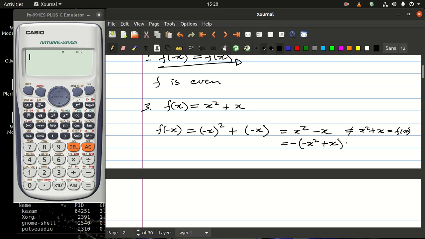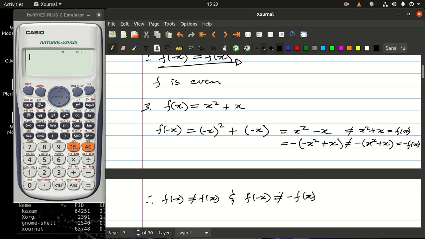And can you see that this is not the same as minus x squared plus x, which is equal to minus f of x? So this is not equal to that, because there is this minus here and we don't have that minus there. Therefore, f of minus x is not equal to f of x, and f of minus x is not equal to minus f of x.